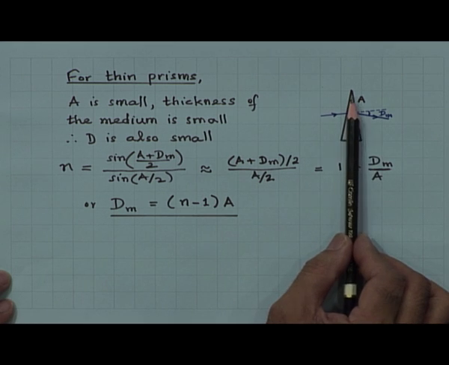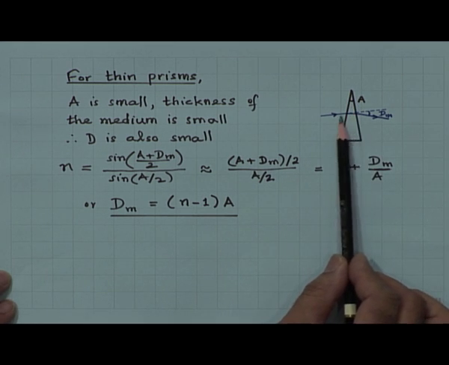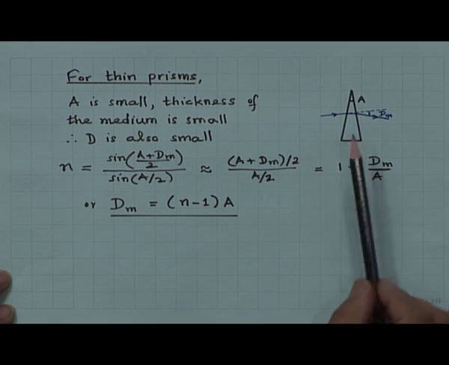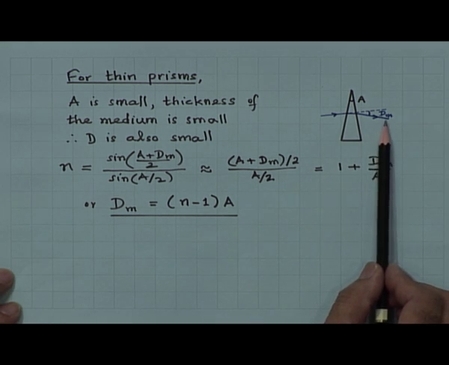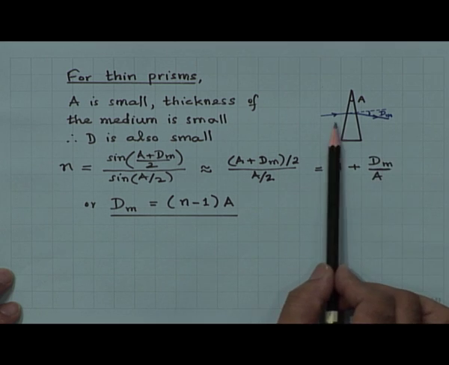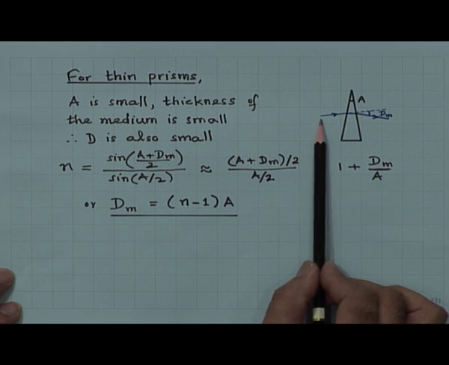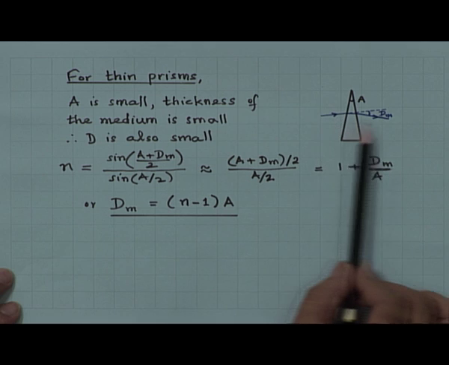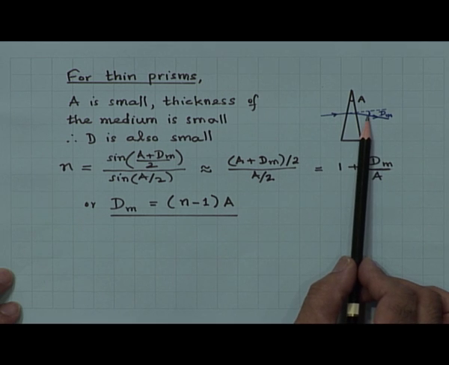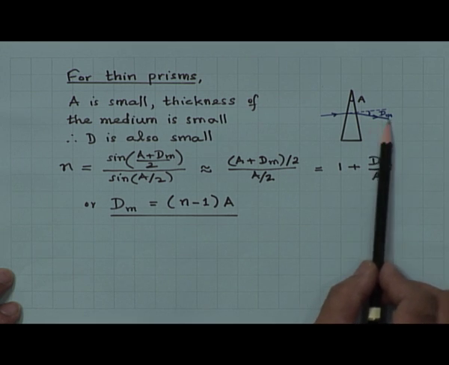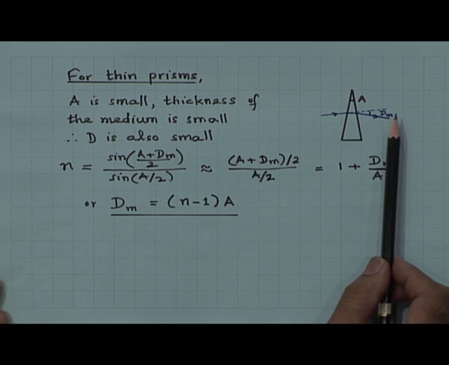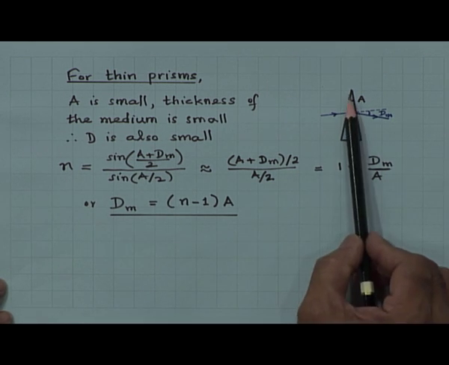A is very small, and of course the thickness of the medium is also very small, and therefore the angle of incidence is very small, the angle of refraction is very small, and therefore we see that the angle of deviation here is very small, because A is very small.